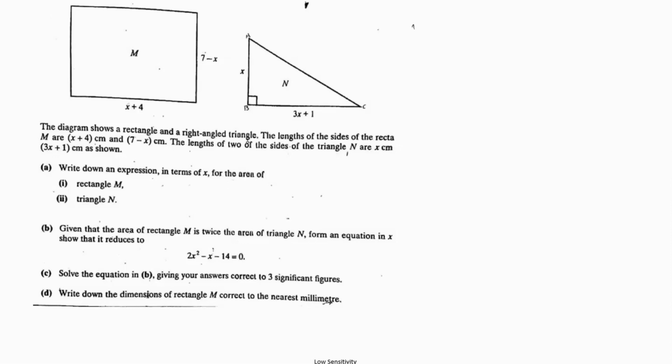Alright, so the first question here, we want to write the expression in terms of x, the area of the triangle and the rectangle. So let's get into that. Our first question is the area of the rectangle, which is given by length times width.